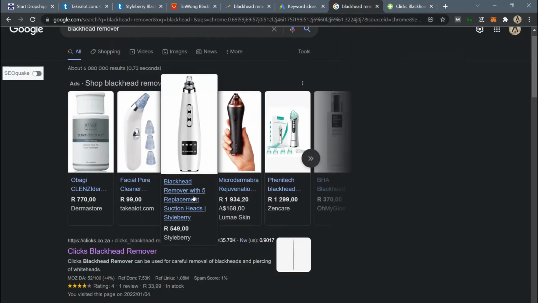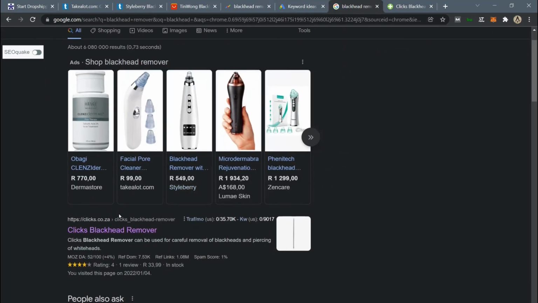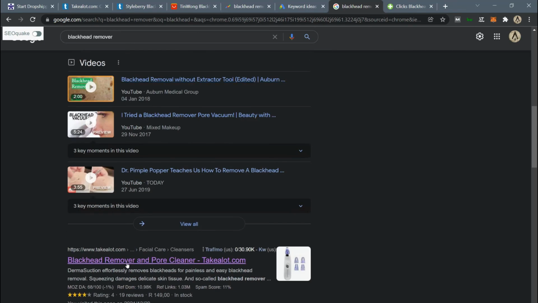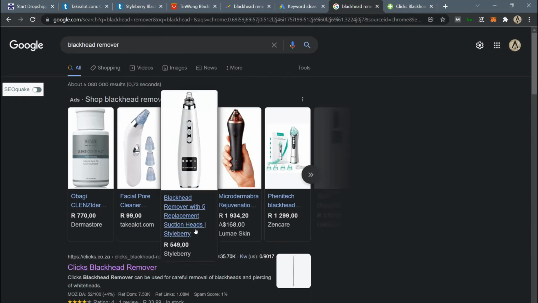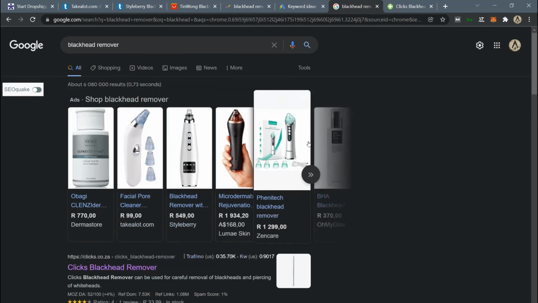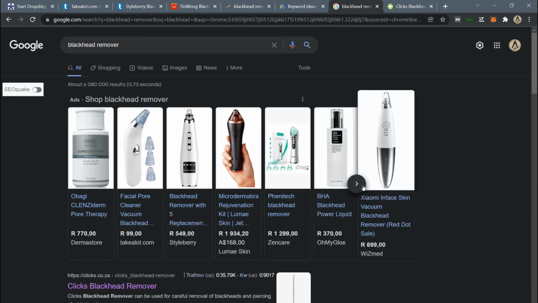So you can literally sit right on top of Clicks here, so people can click on your ad and not Clicks or Takealot, whatever it can be. Or you can run these shop ads here, so you can also feature amongst these other ads.